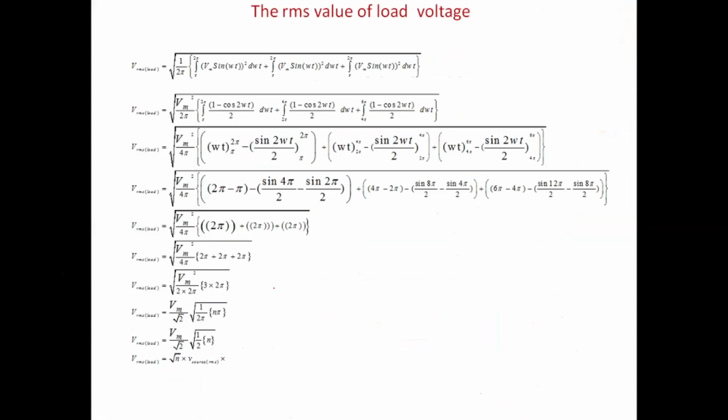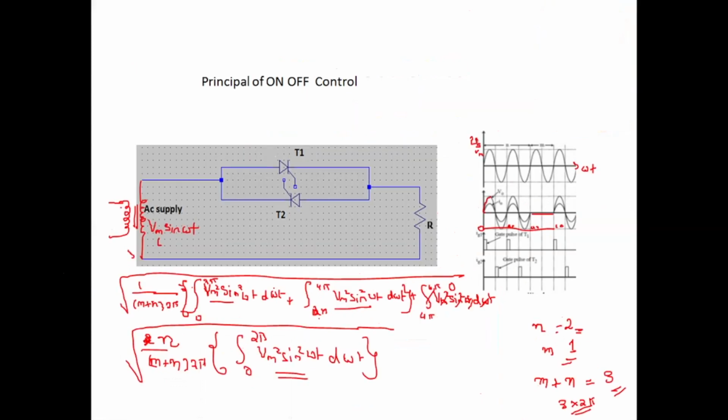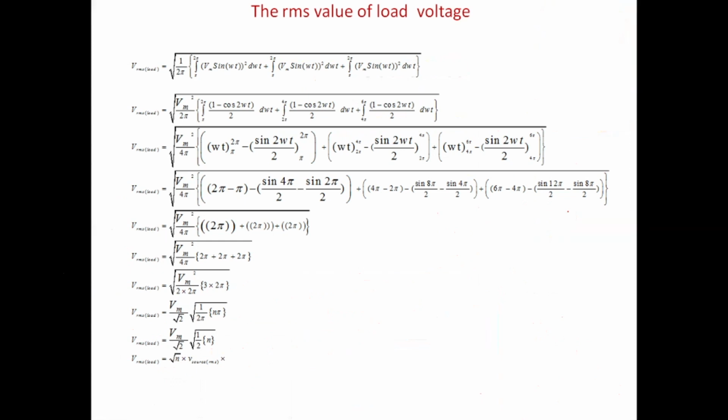See here, for example, if you turn on for 3 cycles, this is 1, again 1 more cycle I will turn on, and some more cycles I will turn off. 3 cycles on and 1 cycle off, how does it look?